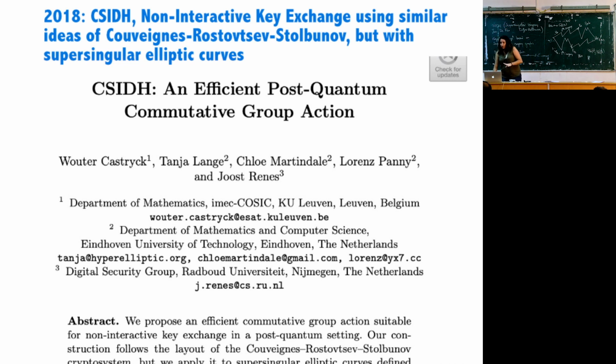So with this, more or less, I ended whatever I wanted to say, but I want to say something for concluding. You can see that isogeny-based cryptography is a field where several things have been proposed, several things have been broken, but where we also still have some very interesting mathematical problems.